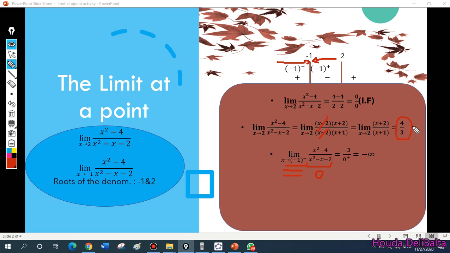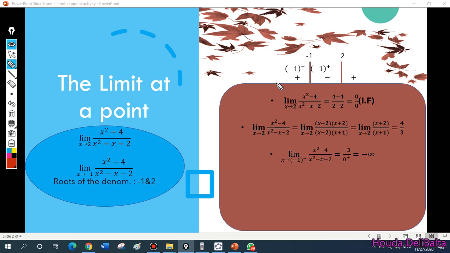We get rid of it by factorization. Now, the limit as x tends to minus 1 minus of x squared minus 4 over this: we just put minus 1 in place of x, we get minus 3, and directly in the denominator we put 0. 0 plus or 0 minus is based on the table.